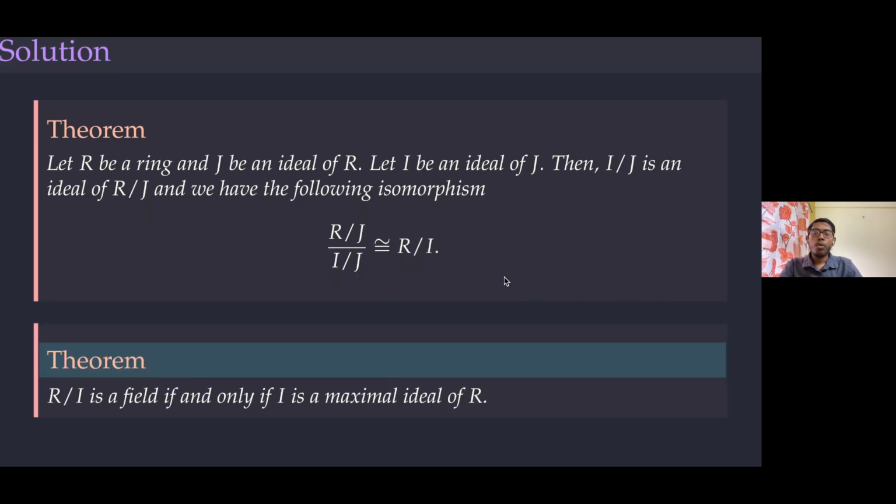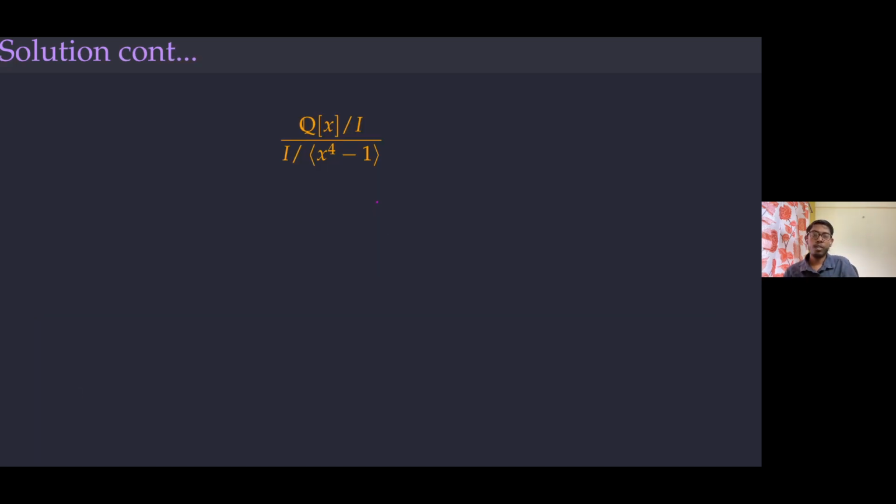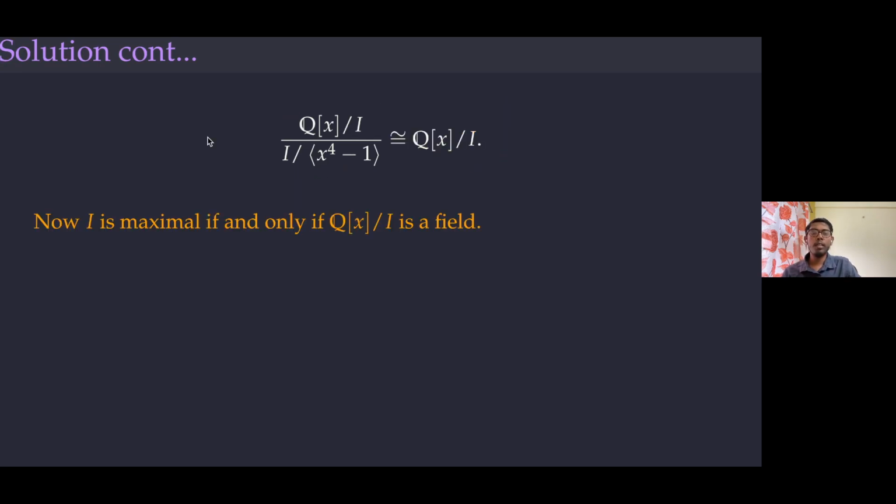Okay, so we know that R mod I is a field if and only if I is a maximal ideal of R. So in order to determine which ideal is maximal, we need to see when this quotient is a field. Now as Q[x] is a PID, we know that maximal ideals are the same as the ideals generated by irreducible elements. So I is a maximal ideal if and only if Q[x] mod I is a field.